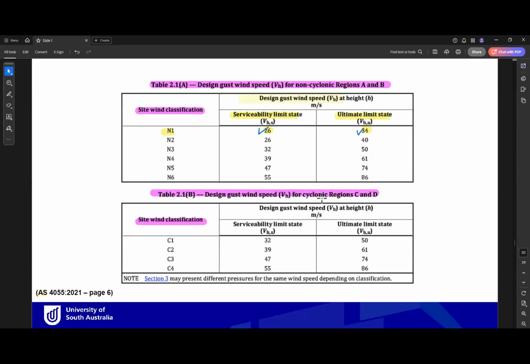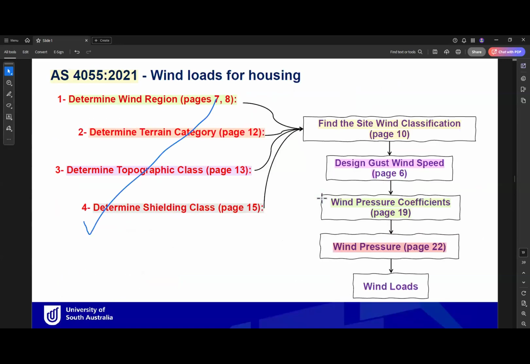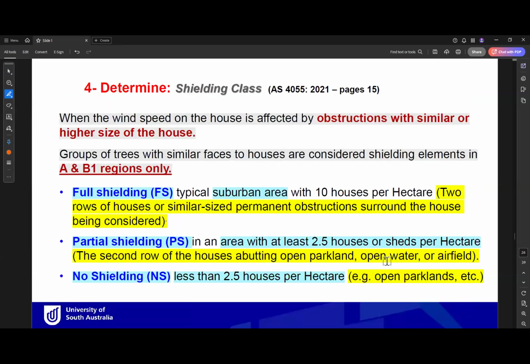Okay, so this is the pressure calculation. Now, if we go back to the steps, our last step is to convert this pressure to the wind loads. The pressures are force per unit area, or force distributed over area. We need to convert this pressure to wind loads on our beams and columns, our members.